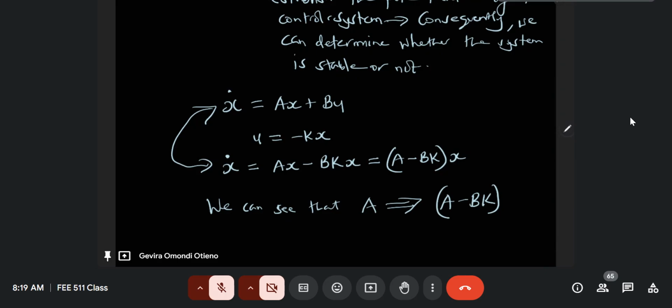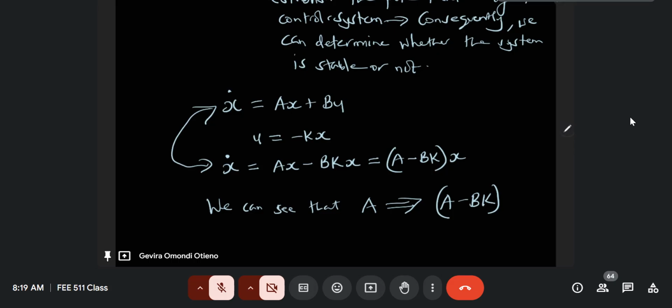Where we had the matrix A is now replaced by A minus BK, because A was the coefficient of X, the state variables or the state vector. A was the coefficient of X.